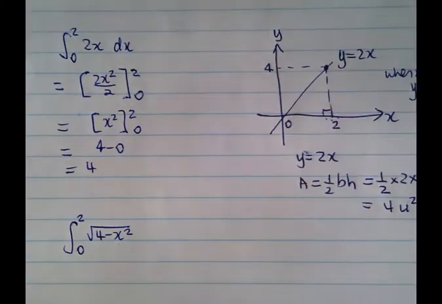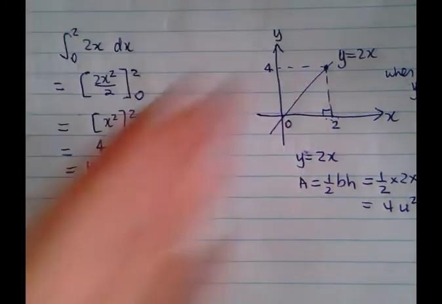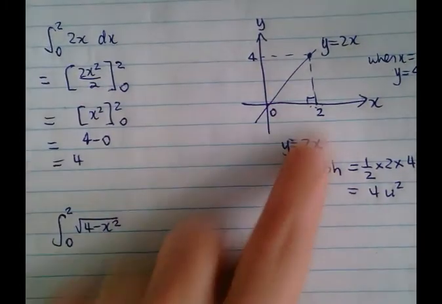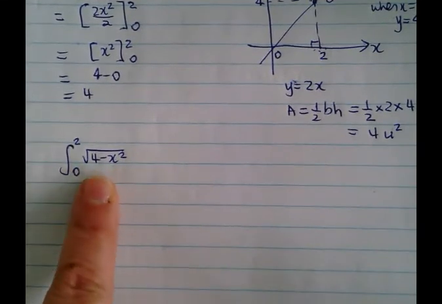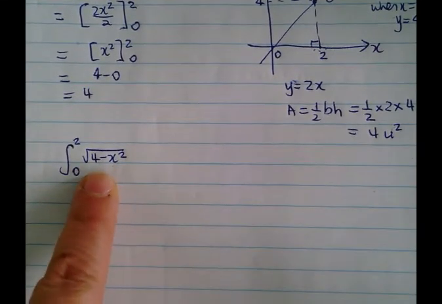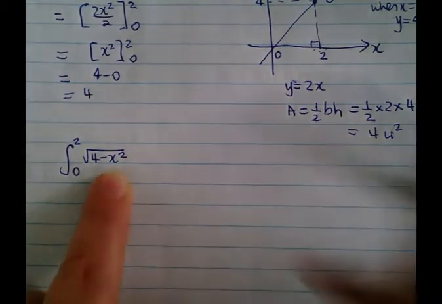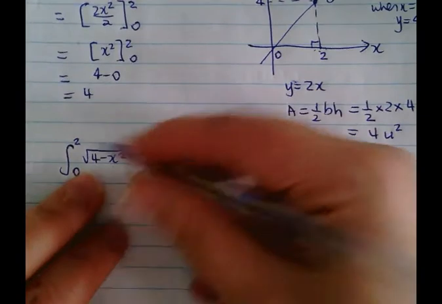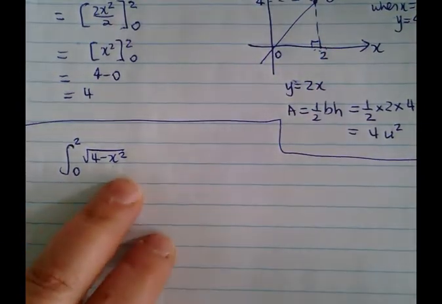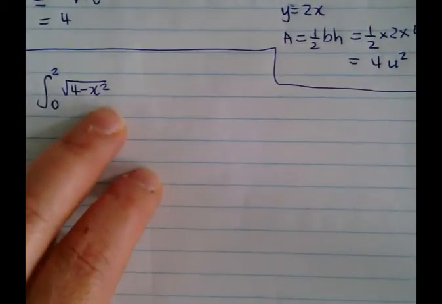Okay, that's what the dx there is for. So we're just looking at the link here between integrating and area under the curve. This one, we don't have a formula to integrate. There would be if this was just an x, but not an x squared. So we say, well, we don't have an integration formula to do that.